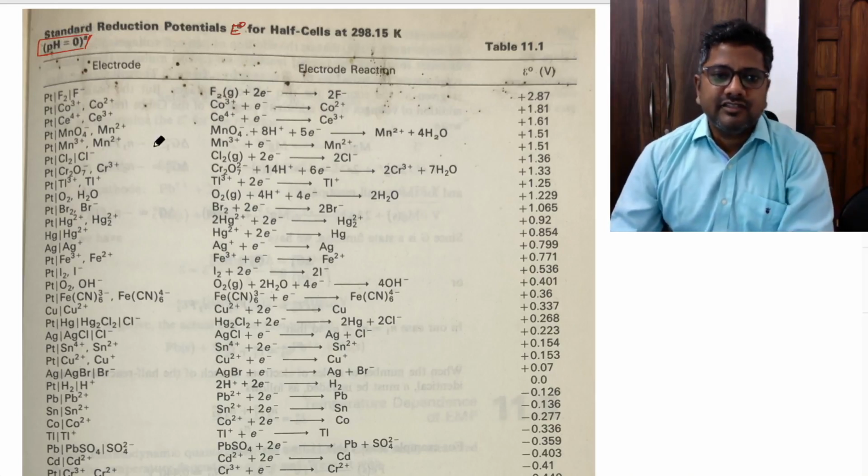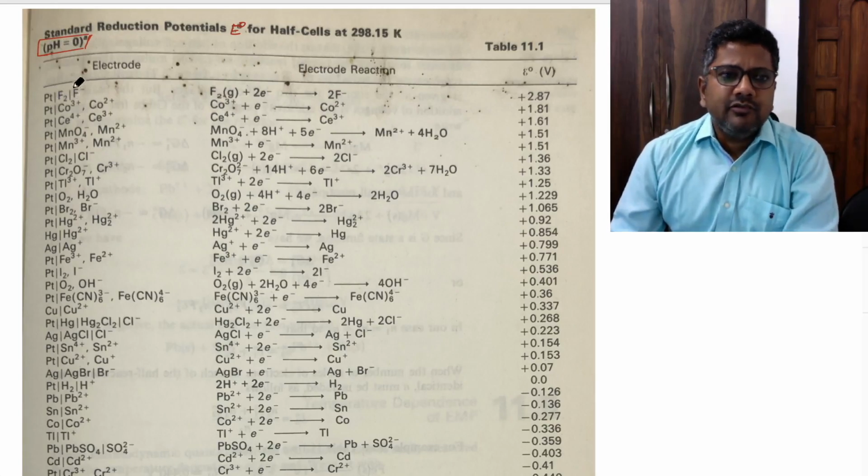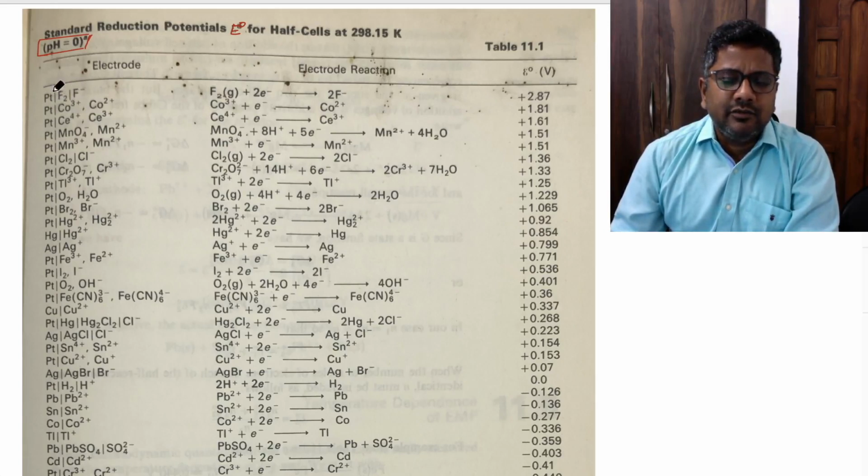Now see, in every book you will find this F2/F minus, right? You will not find it written like what is given here. So now it becomes very clear that F2/F minus is not the electrode. Basically, over platinum, fluorine is adsorbed, right?